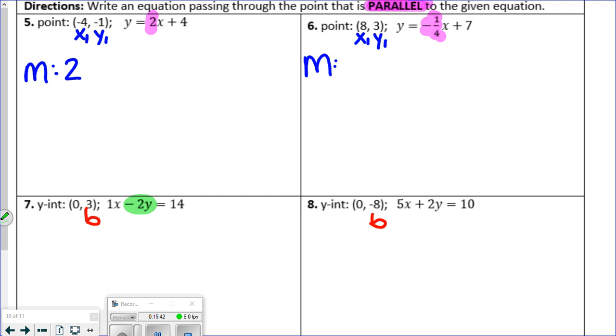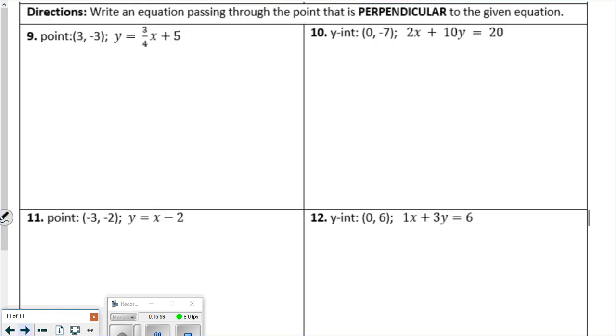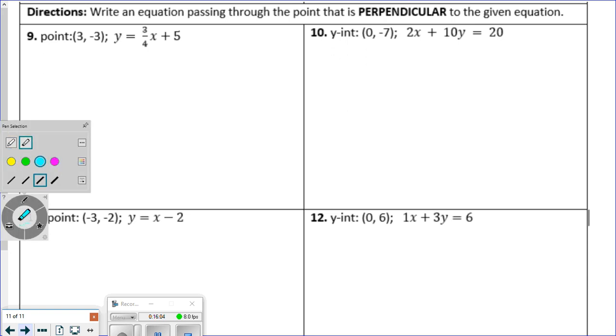So start by solving for negative 2y. Start by solving for positive 2y. So convert 7 and 8 to slope-intercept form. Let me know if you need any help, and you're going to do similar questions for 9 through 12, except this time we have perpendicular.